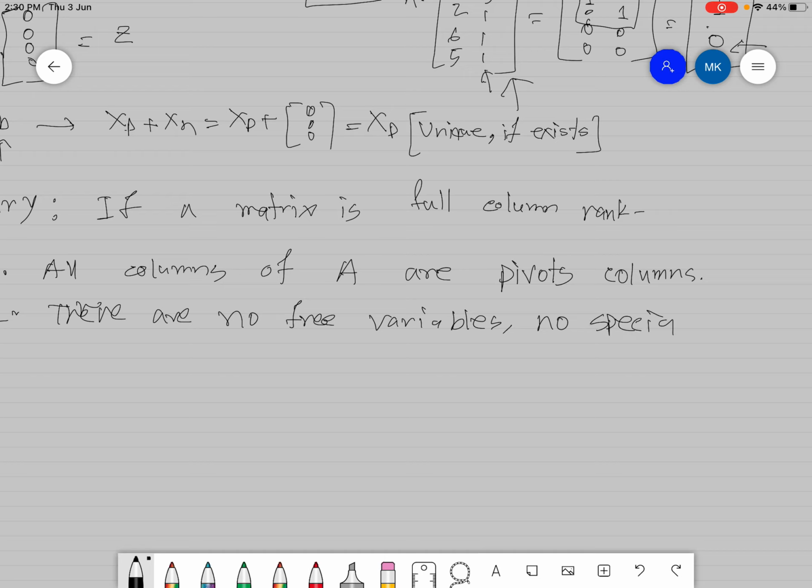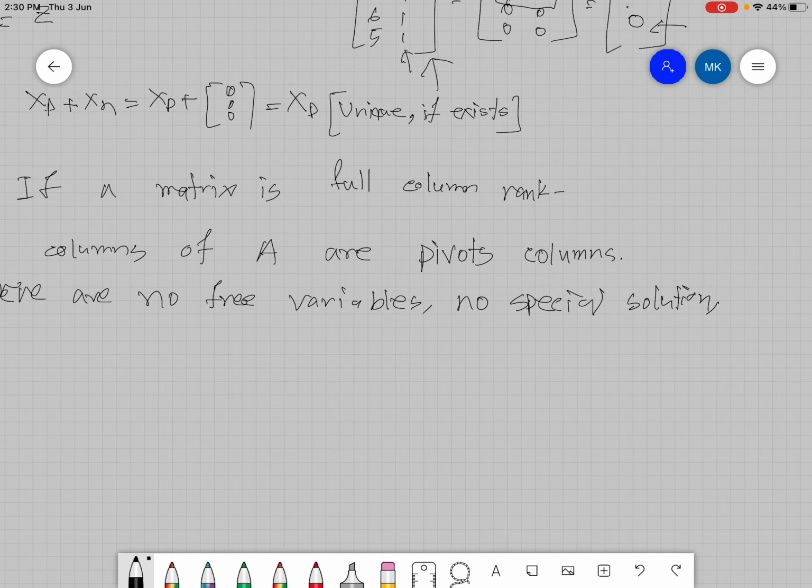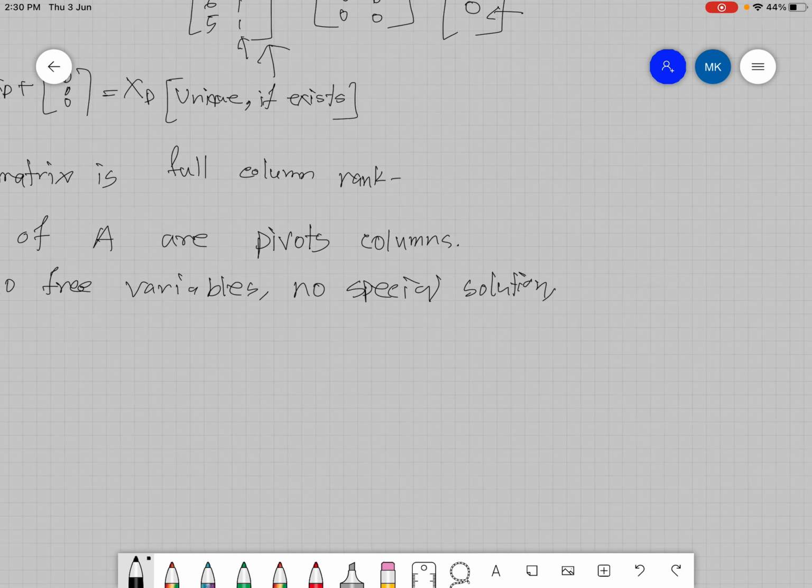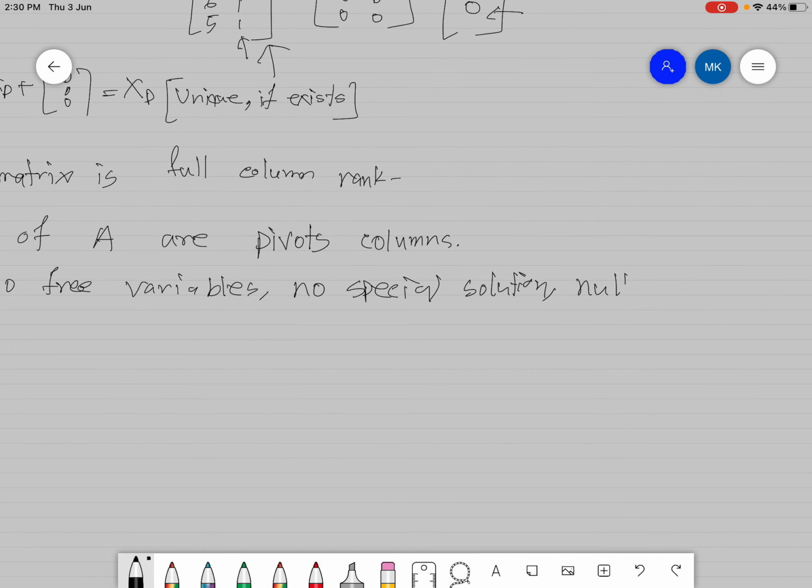that means the null space is basically the 0 vector.